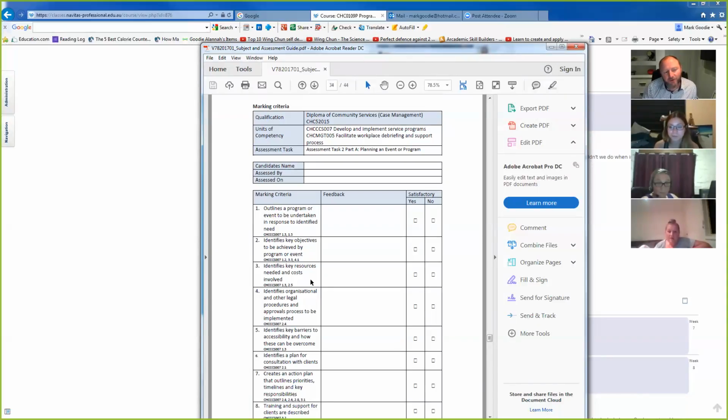That's why I'm saying keep your program quite small. I'll be looking at that you've identified those key objectives to be achieved by the program or event. So there is no count on how many. I just want to see for the particular program that you're doing that you've identified them and you've been able to demonstrate that.